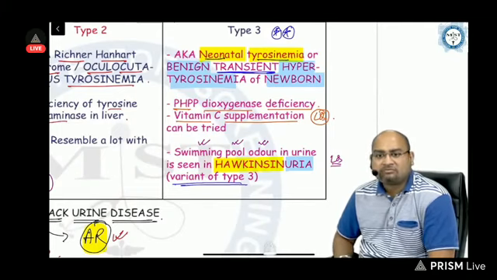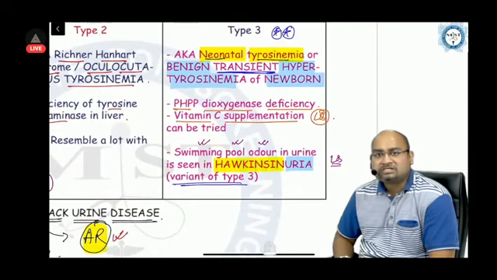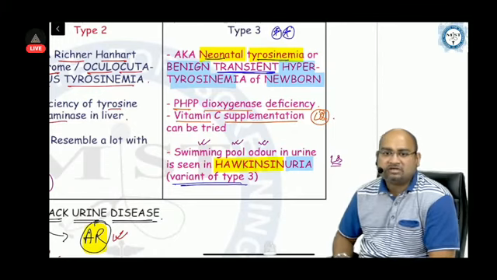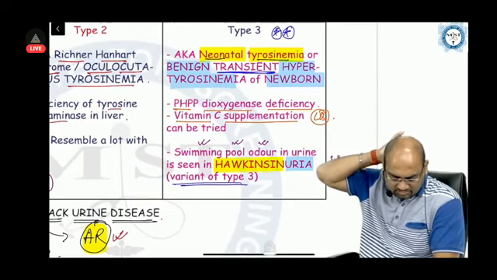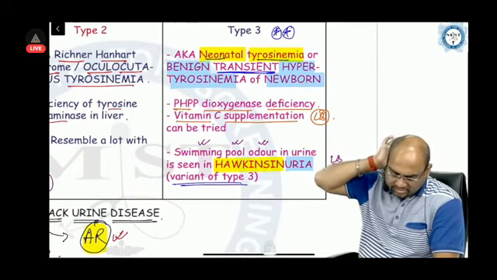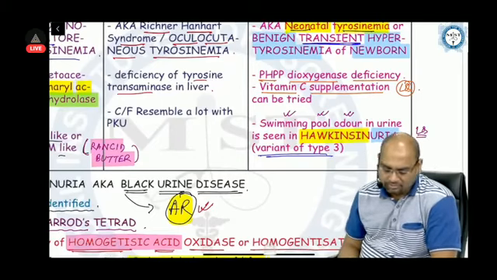And please remember, one of the variant types presents with hawkinsinuria, which has a swimming pool odor. And please remember, type 3 can be given supportive care with vitamin C supplementation. Vitamin C supplementation can be used for type 3. Important point to be noted over here.